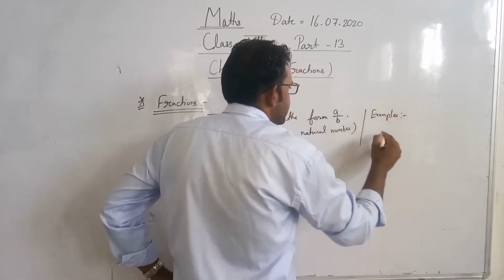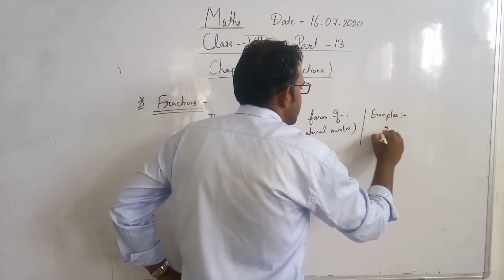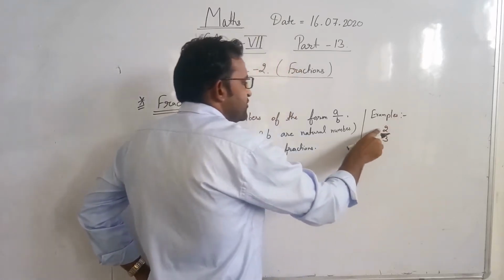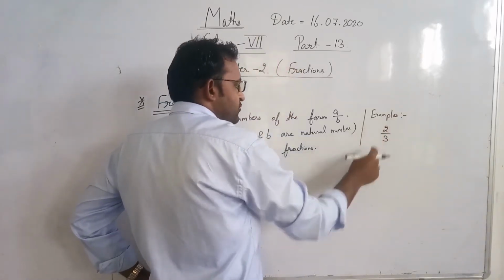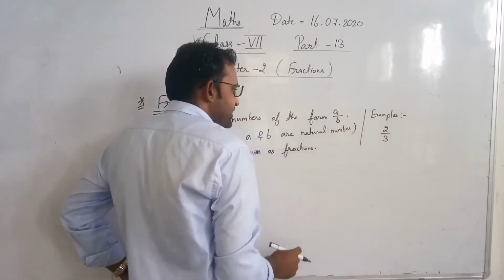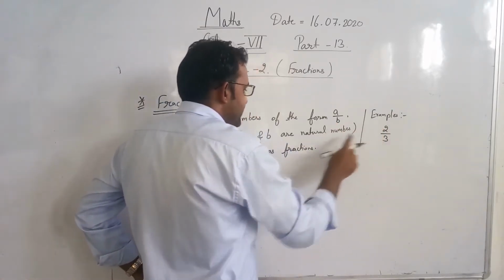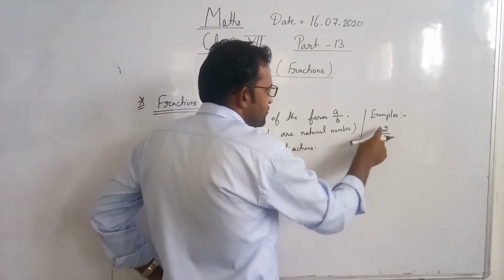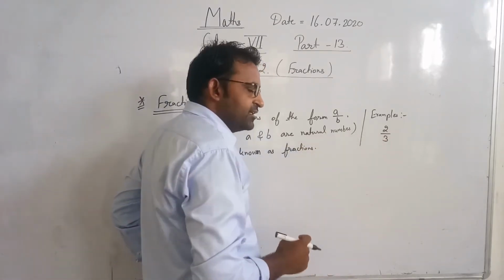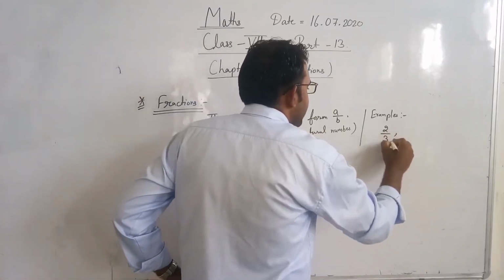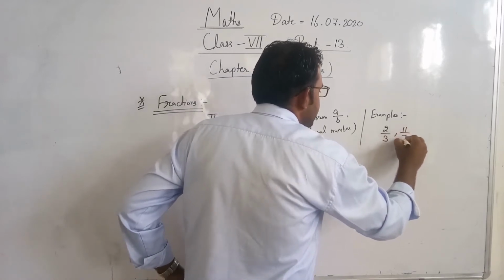For example, 2 upon 3. So A equals 2 and B equals 3. 2 and 3, A and B, are natural numbers. Second example, 11 upon 7.